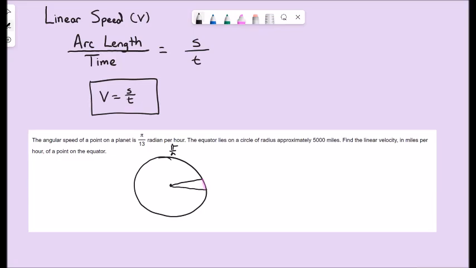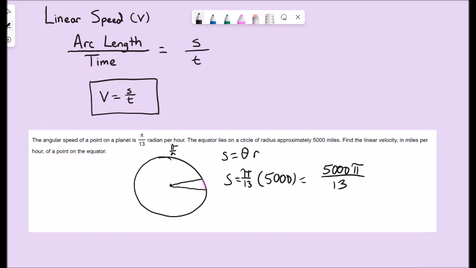Let's figure out that arc length. And remember from an earlier lesson, we've got arc length equals the radians times your radius, right? So that's going to be pi over 13 times 5,000, which is going to give us an arc length of 5,000 pi over 13.